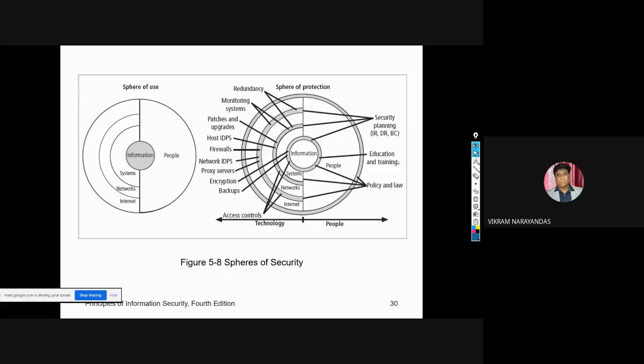Managerial controls cover the security processes that are designed by the strategic planners and performed by the security administration.